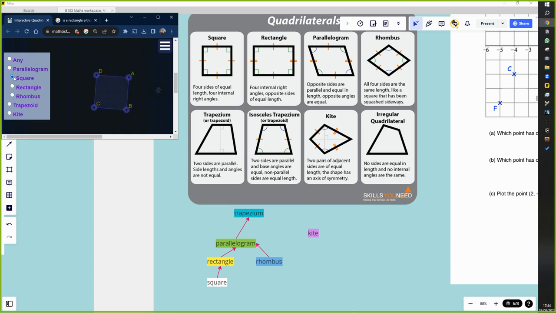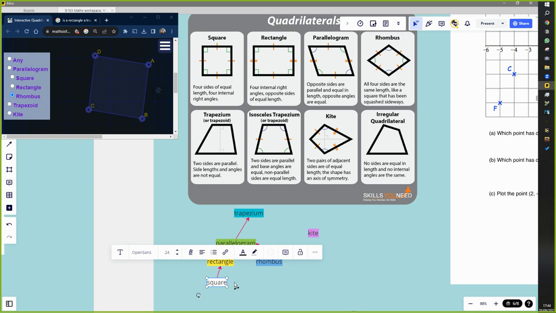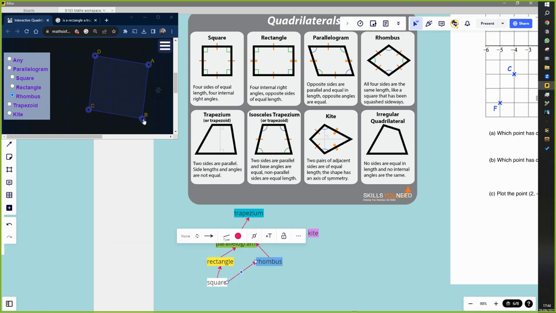Hang on. Okay, so rhombus. I think actually a rhombus can also be a square. I'm not sure about that one. Square. Yeah, okay. I think a rhombus can also be a square, so I'm actually going to change that bit there. But a rectangle isn't a rhombus.